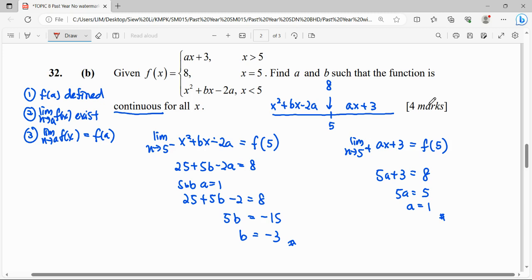For the first mark, we have to know the limit from the right-hand side is equivalent to the point, and the limit from the left-hand side is also equivalent to the point. So here we have our concept and finding the answer, which is a is 1 and b is negative 3.